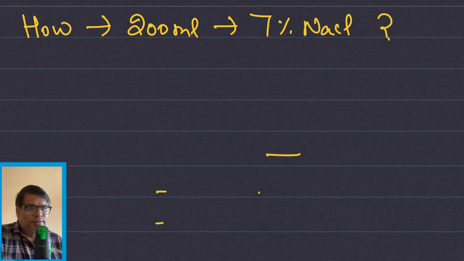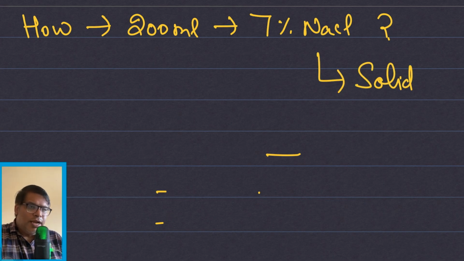So here you have to prepare a solution of 7% NaCl. The total volume should be 200 ml, and keep in mind the NaCl is solid, so here we are going to prepare a weight by volume solution.